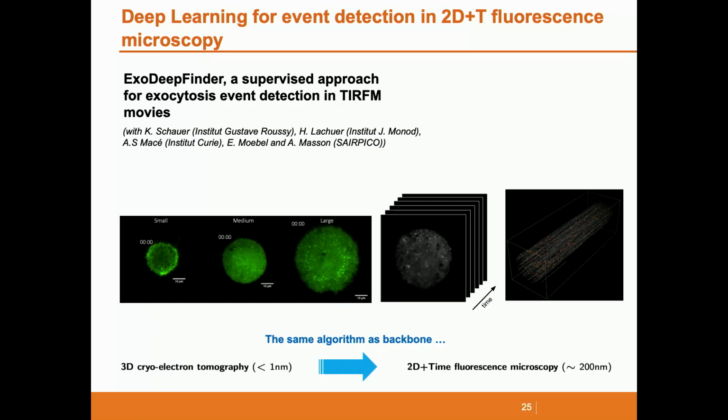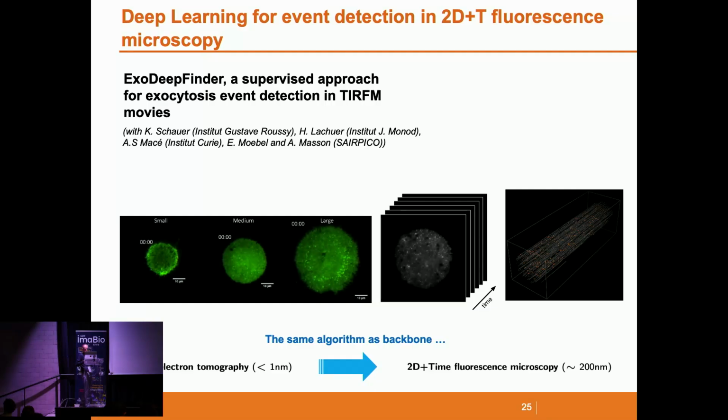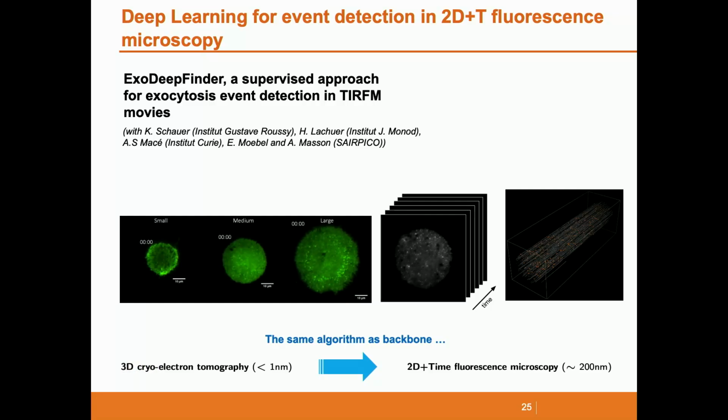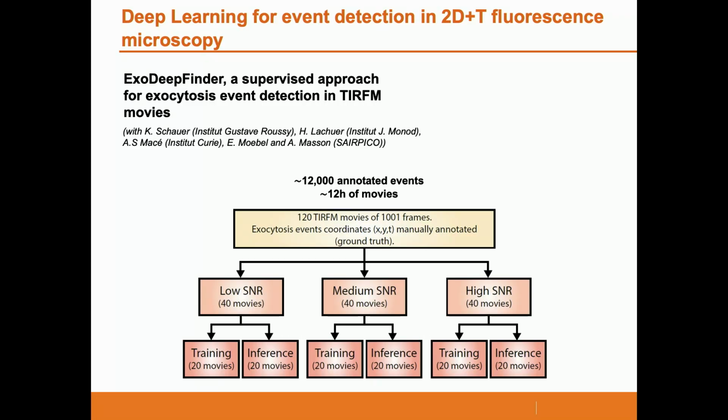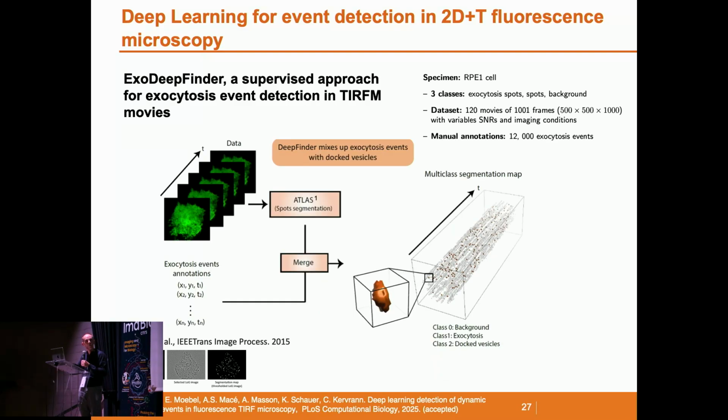And here we consider the 3D plus time sequence as a 3D volume. And so we apply the same methodology. So, okay, we have 3D coordinates, we can generate mask and so on and so on. We test the method. Of course, we design an appropriate database for different low SNR conditions, because we would like to be able to detect all these events for many conditions.